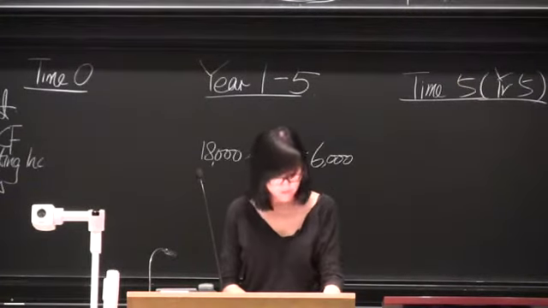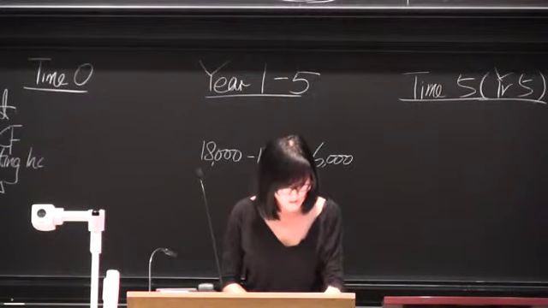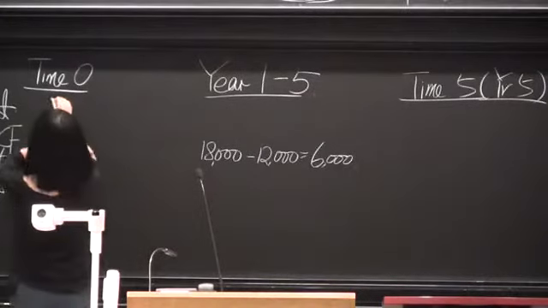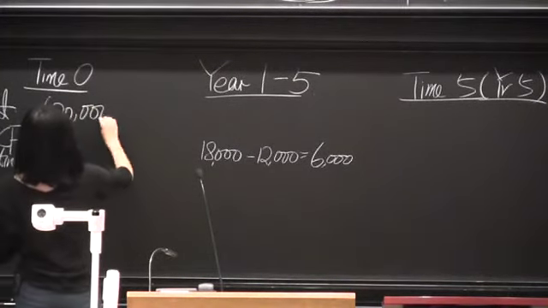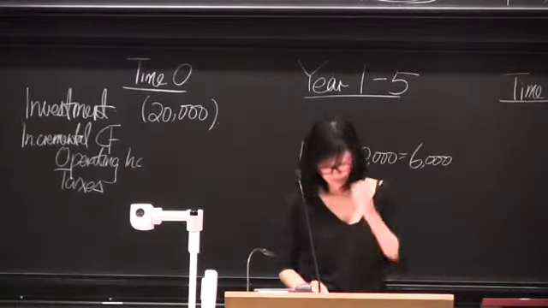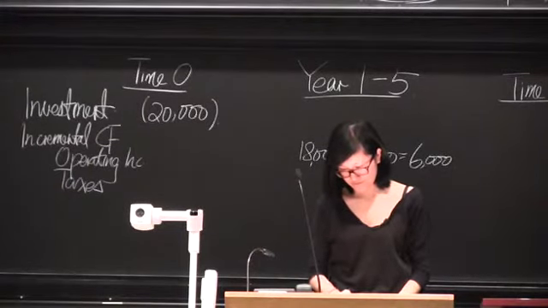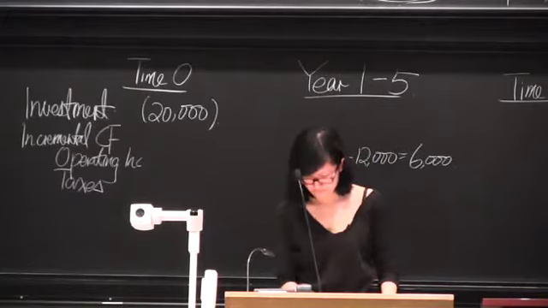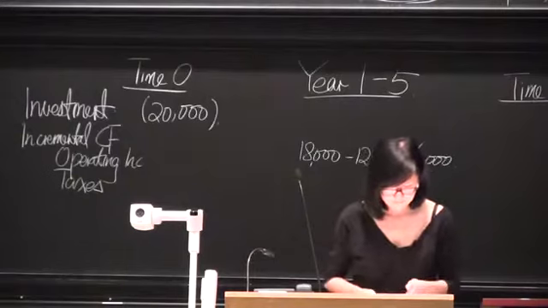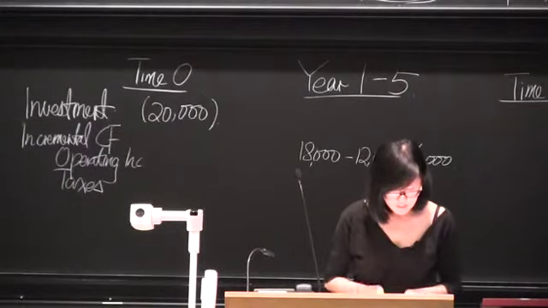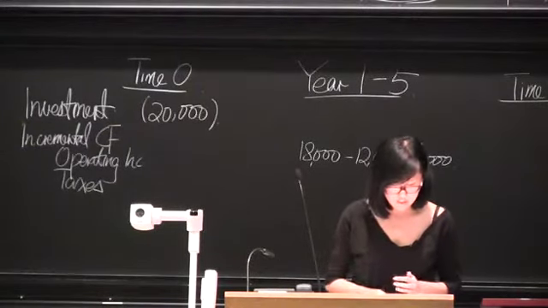Okay, what other number did they give us? We see before the $12,000, they tell us the cost is $20,000 to fill this order. This is a negative cash investment at time 0. And later on it says for income tax, the retooling cost would be depreciated using a straight line method.